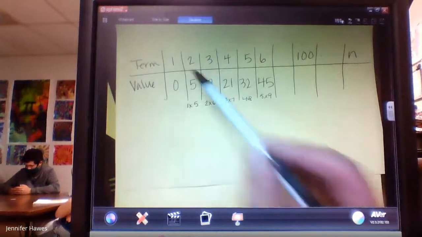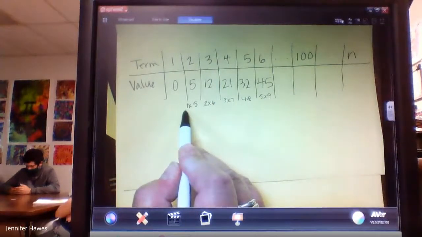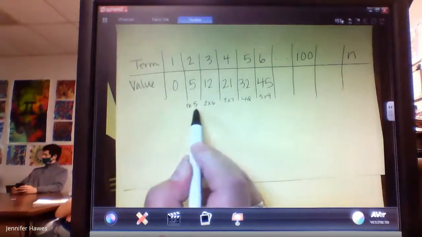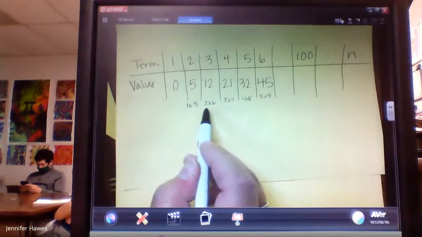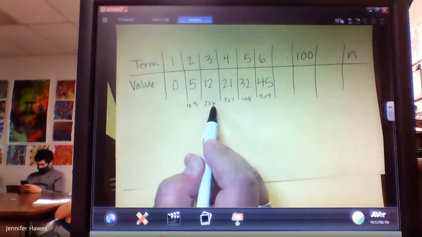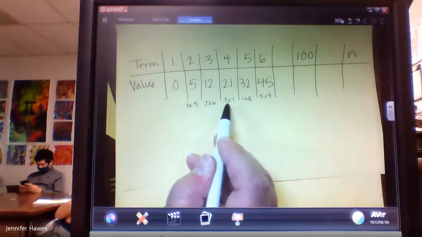So this number is, and the other one is 3 more. This one's 1 less. This one's 3 more, right? That's 1 less. That's 3 more.